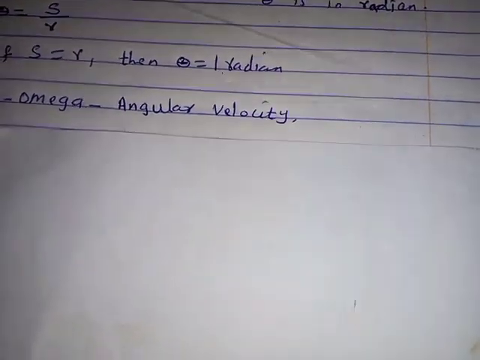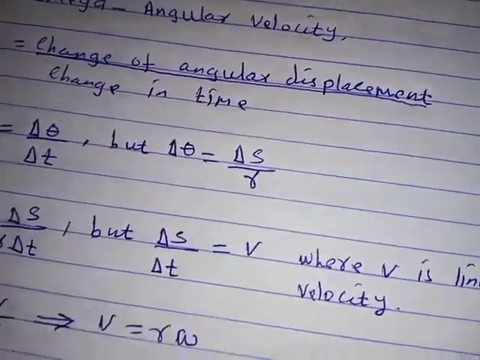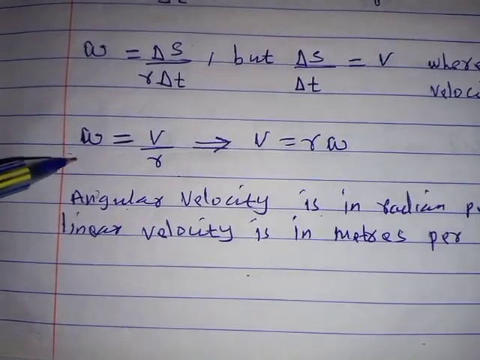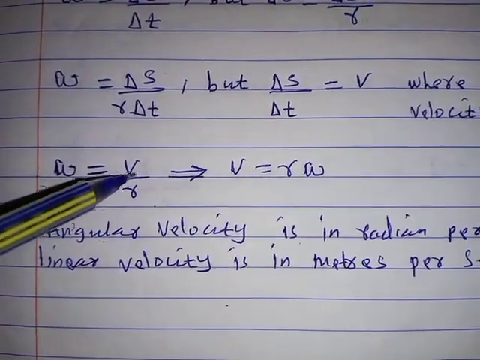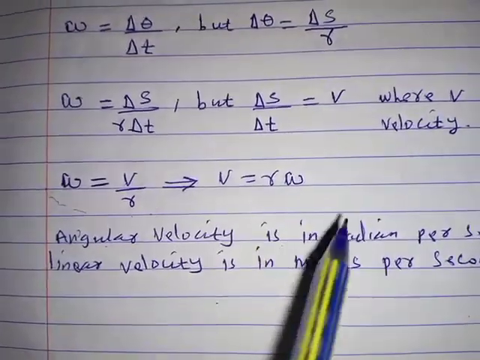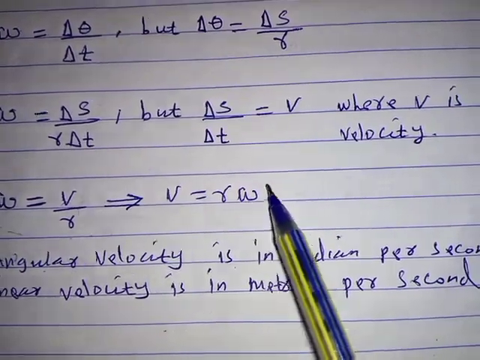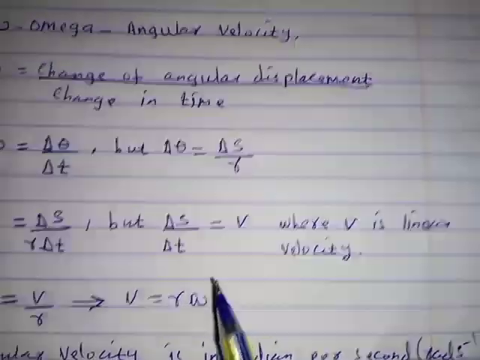So from this formula, angular velocity is equal to linear velocity divided by r. We can multiply both sides by r to get v is equal to radius times angular velocity.